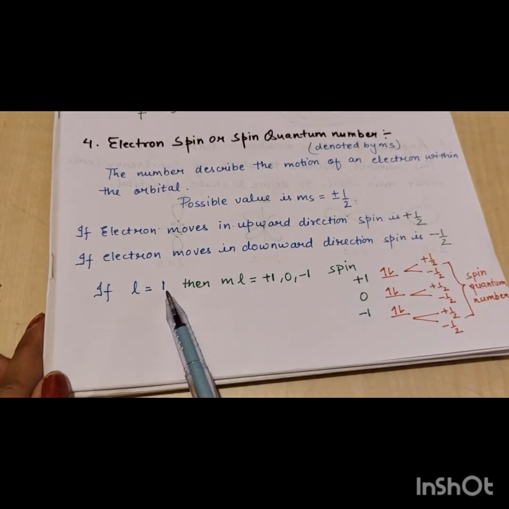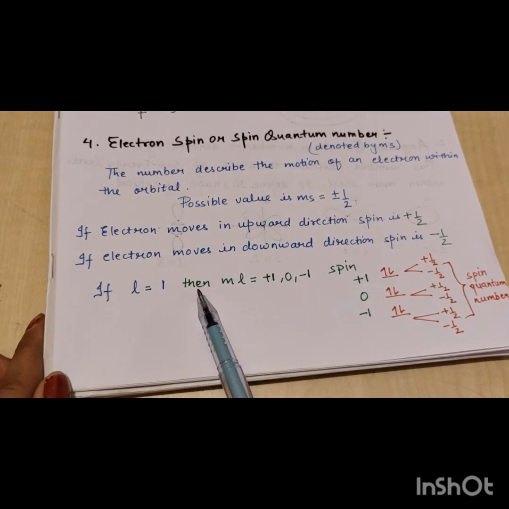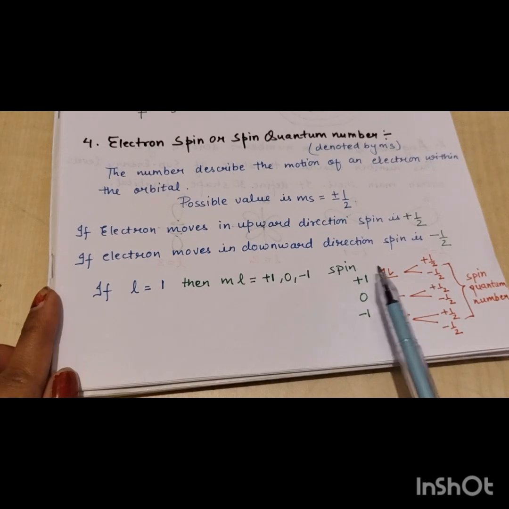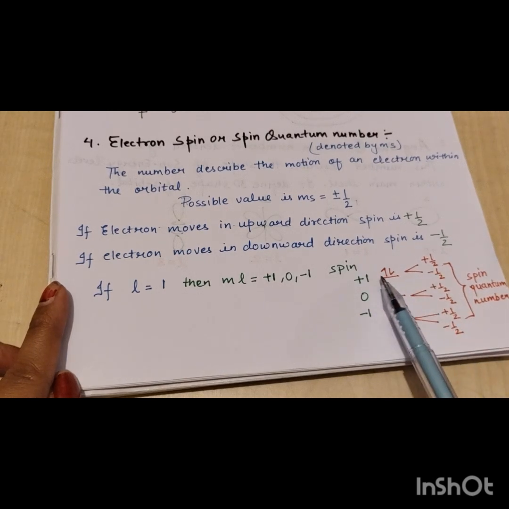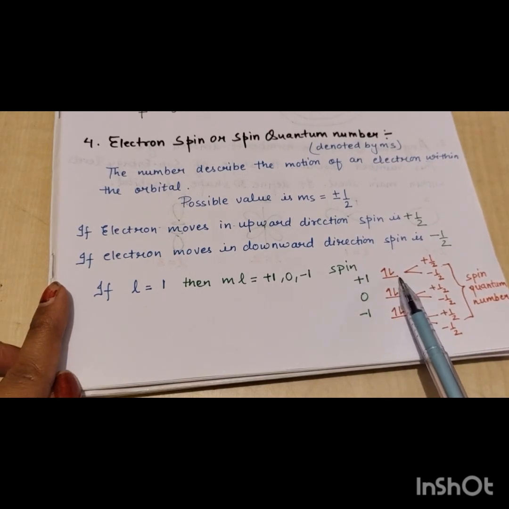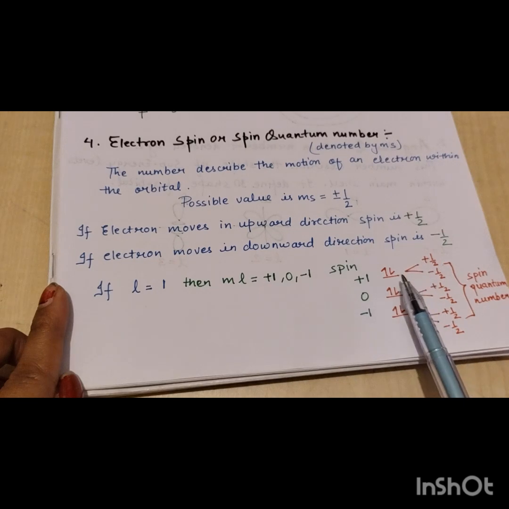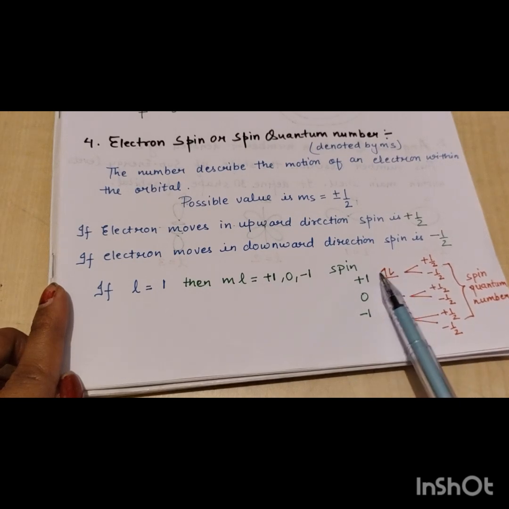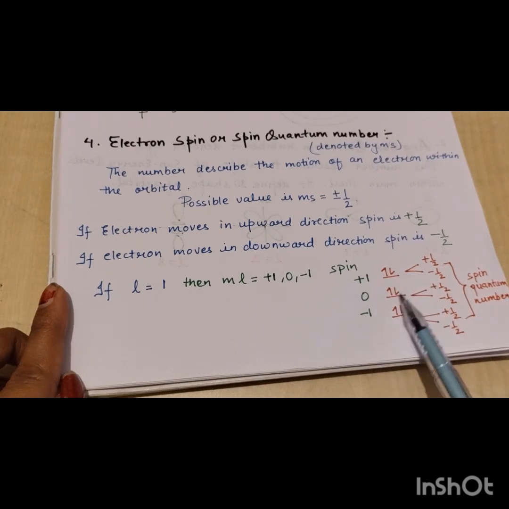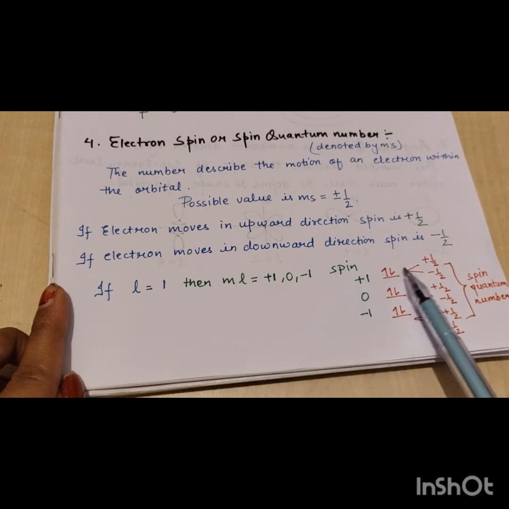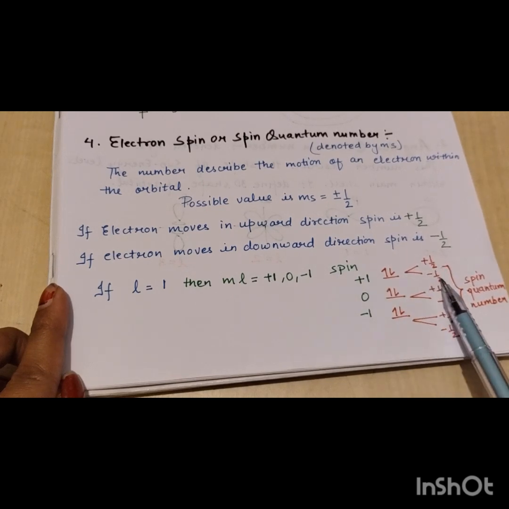If l is equal to 1, that is the angular quantum number, then the magnetic quantum number is +1, 0, -1, and each carries 2 electrons. As per Pauli's exclusion principle, each orbital carries a maximum of 2 electrons, one upward and another downward. Upward represents plus half, downward represents minus half.